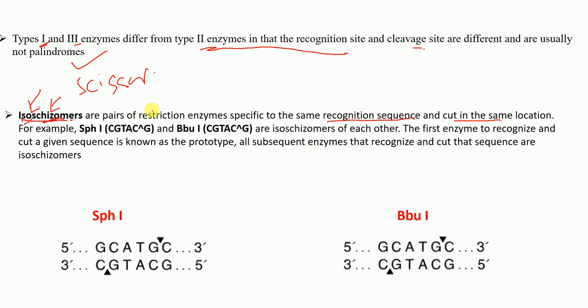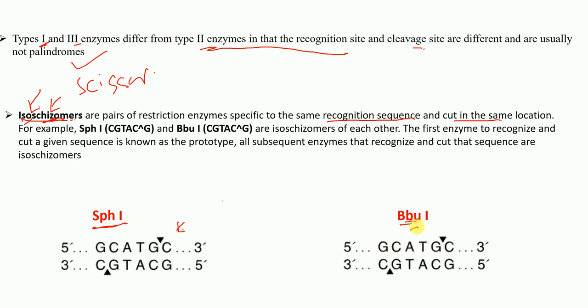These are isoschizomers. For example, SPS1 and BBU1. Just look at these. For SPS1, the recognition site is GCATGC. The recognition site for BBU1 is also GCATGC.